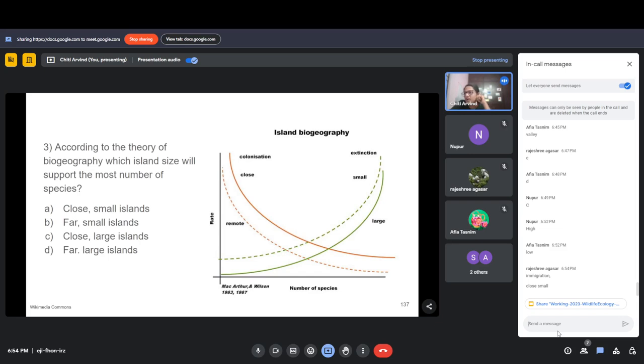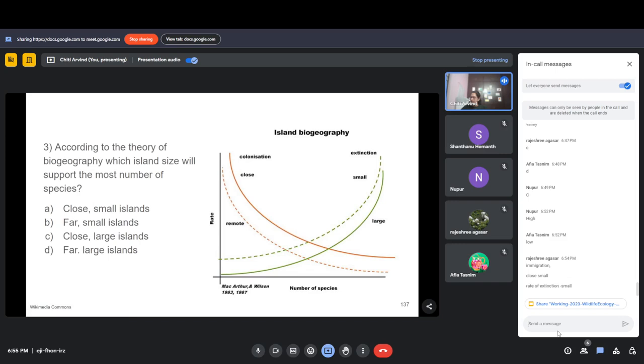That is colonization, immigration, which is correct, Rajeshri. And what about rate of extinction? Rate of extinction will be higher in which island? Rate of extinction will be higher on smaller islands, right?